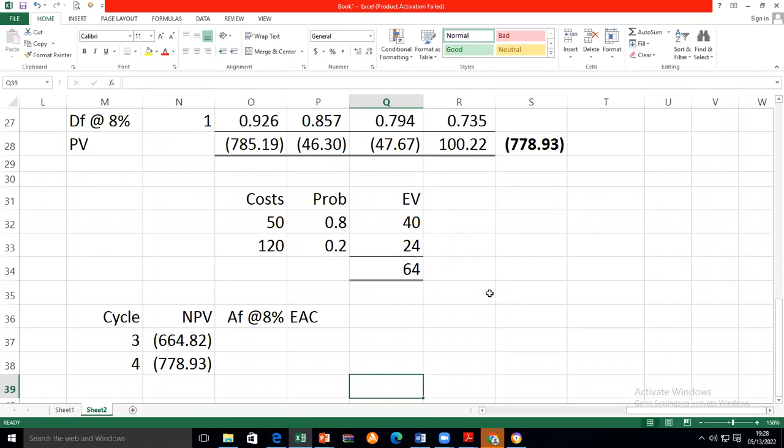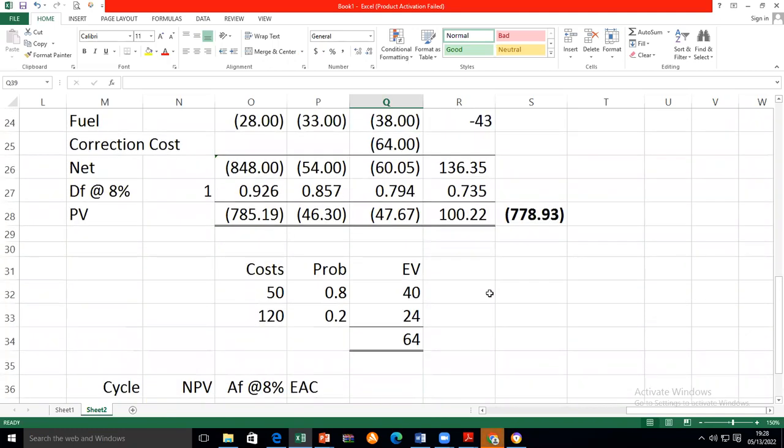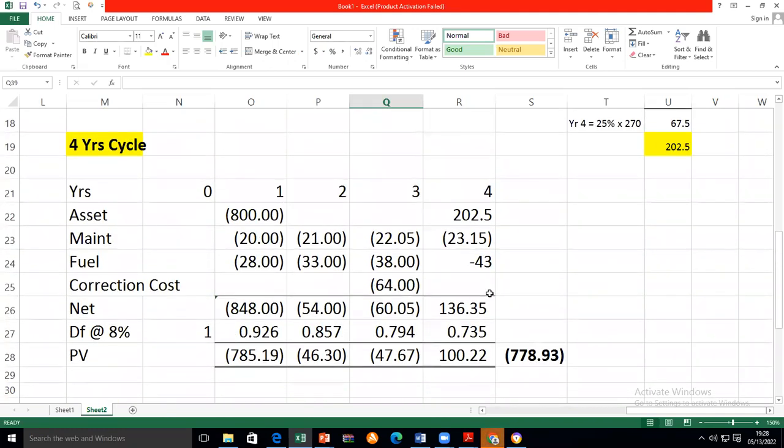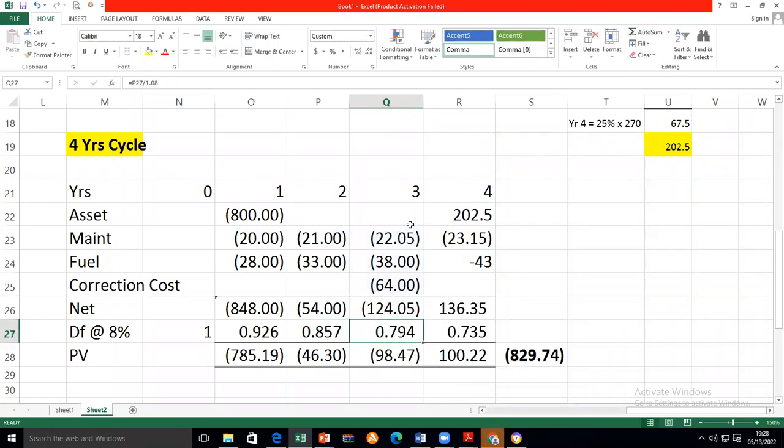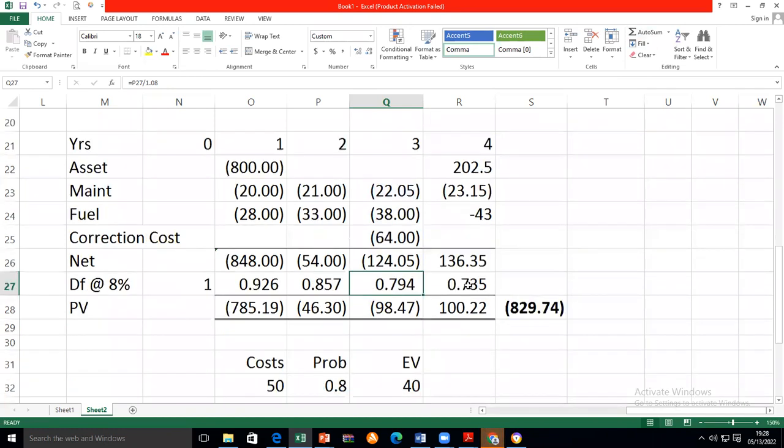Year 4 at 8%. Let me just counter check. Year 4 at 8%, it's 3.312. Okay, my figures are now correct. It's correct.